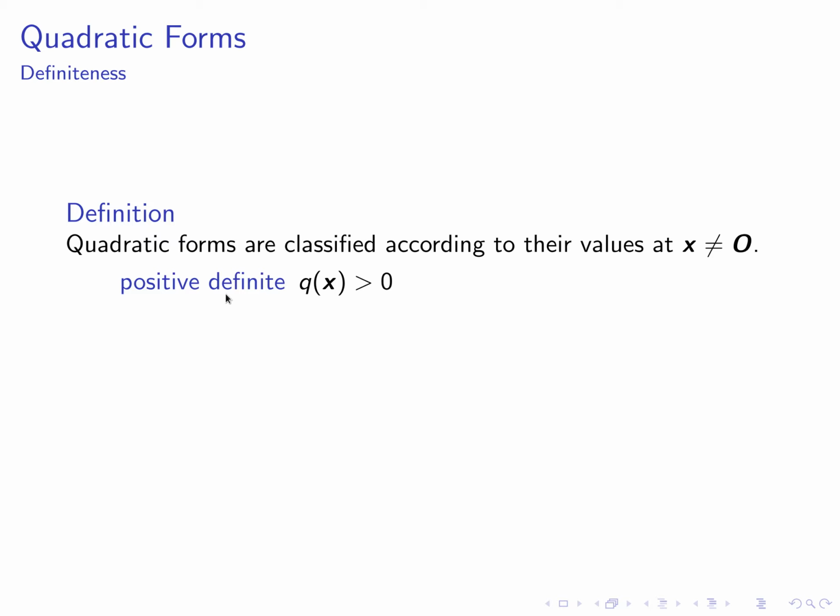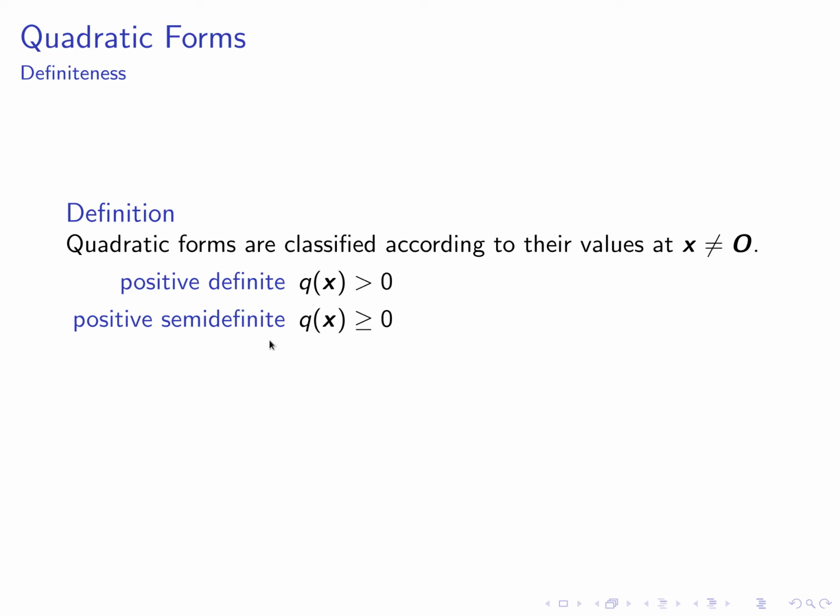A quadratic form is positive definite if the quadratic form is always positive as long as we aren't plugging in the 0 vector. There's also a category called positive semi-definite. A quadratic form is called positive semi-definite if it always spits out non-negative numbers whenever we plug in any vector that's not the 0 vector.